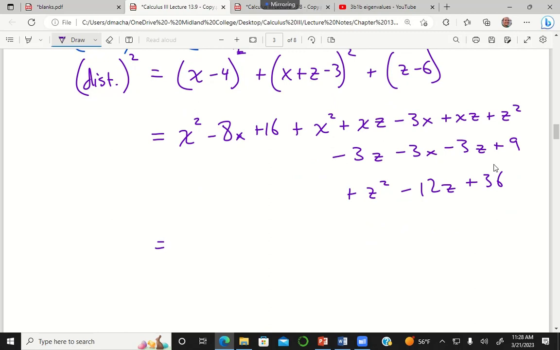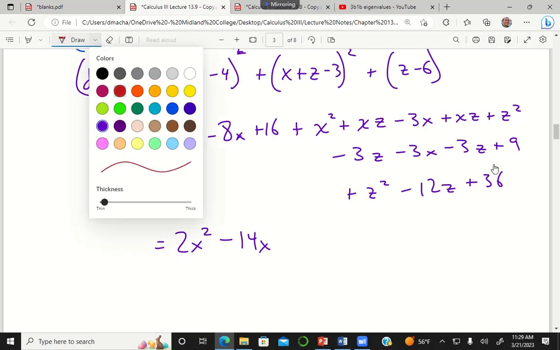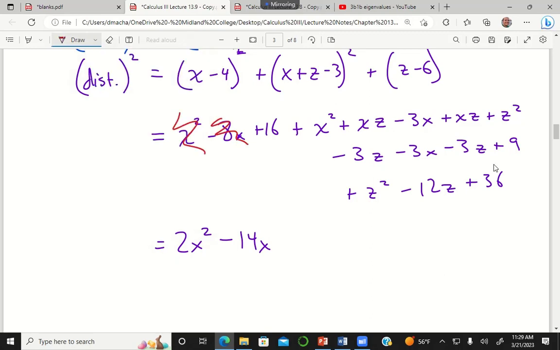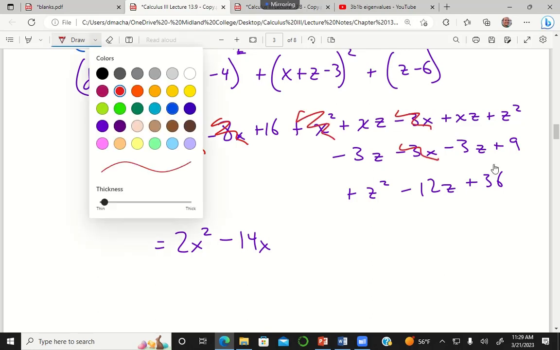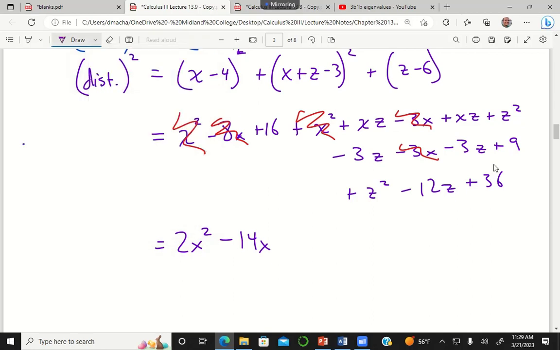So now we collect like terms. I'm looking for x squareds, and I see 2x squareds. I'm looking for x's, and I see negative 8x minus 3x minus 3x, so minus 14x. As far as constants, I've got plus 16, plus 9, plus 36.